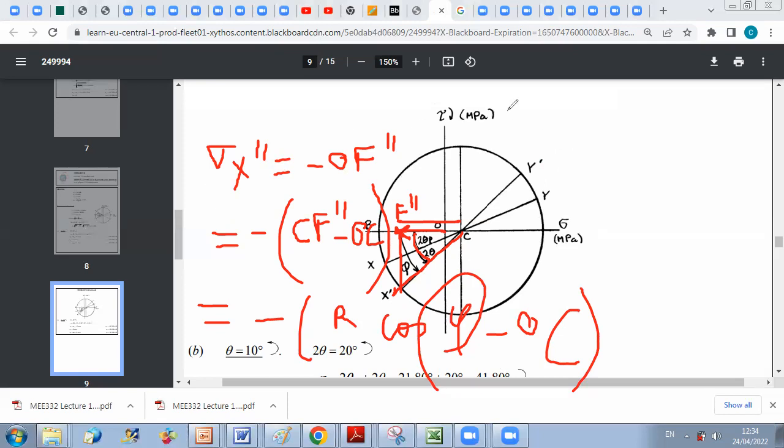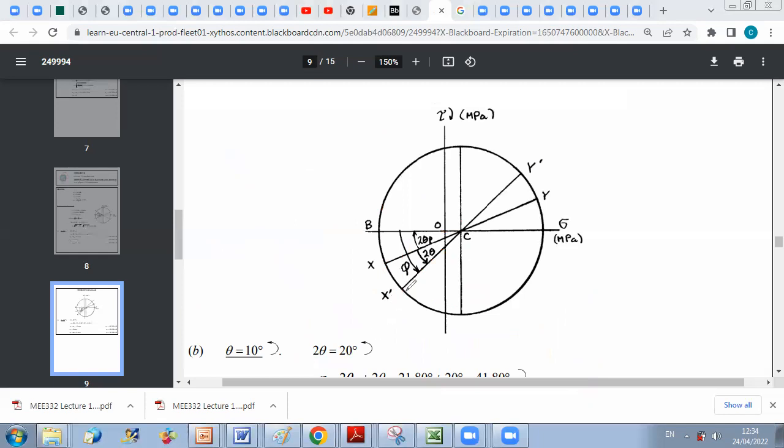For tau, very simple. I say that this represents minus tau x second y second. So since I am in the negative tau, I can consider then that tau x second y second is positive, because minus tau x second y second is negative.